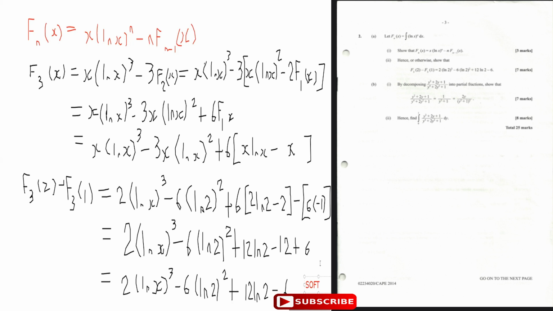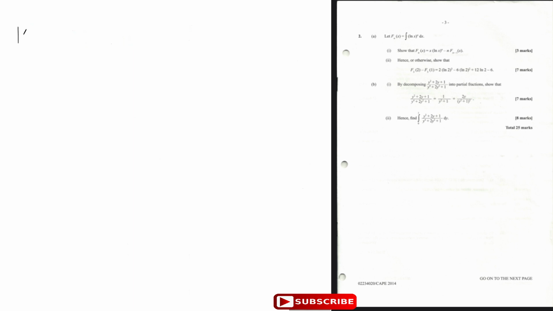Part B is partial fractions, and in doing this we have y squared plus 2y plus 1 divided by y to the 4 plus 2y squared plus 1.